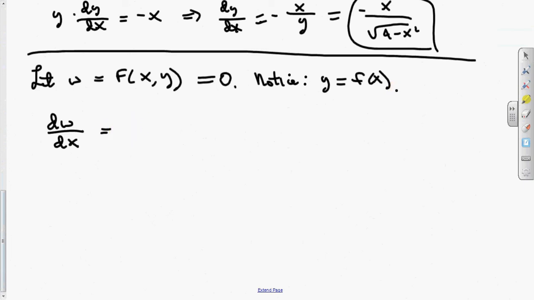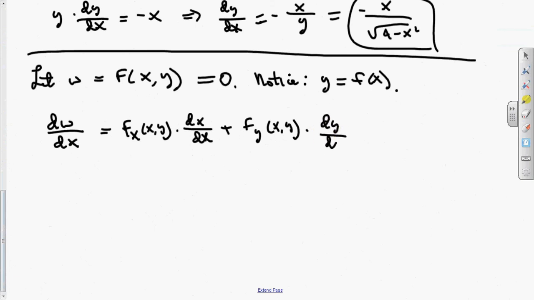So this becomes the partial of f with respect to x times, when I go inside of x and look for its derivative with respect to x, dx over dx, plus the partial of f with respect to y times, when I go inside of y and find its derivative with respect to x, dy over dx. This is equal to 0.